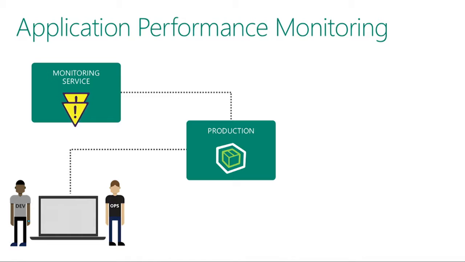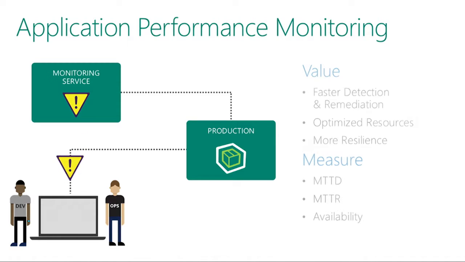That little agent is sending data about all kinds of various things about that application running in that environment. And you can set up alerts, notifications, and all kinds of other things with that monitoring service to let you know, hey, there's a problem, or oh, performance is slow, something's going wrong, and then give you that rich kind of data that you need to help try and resolve issues.